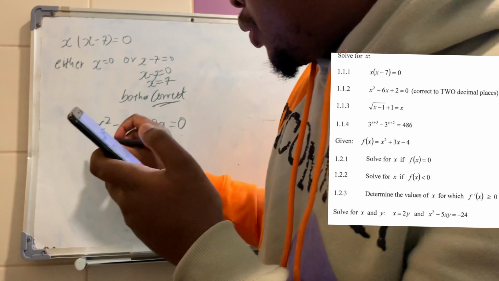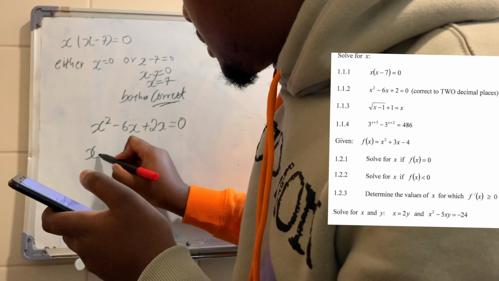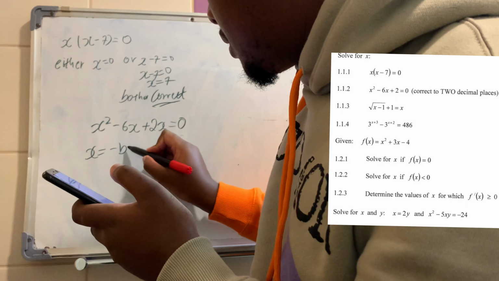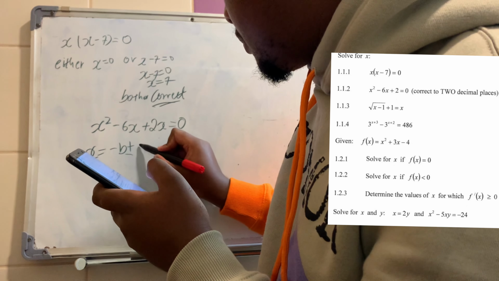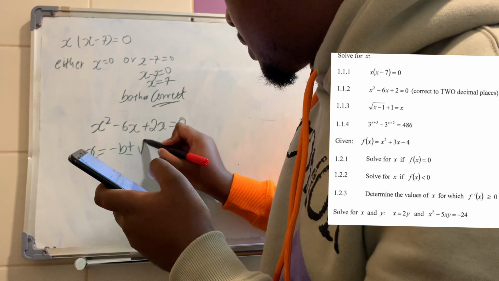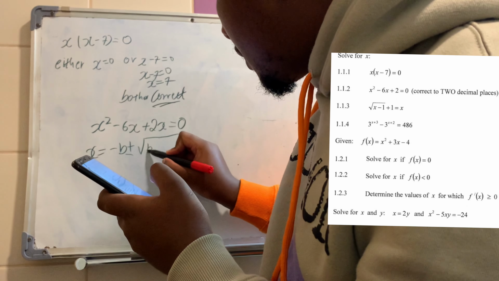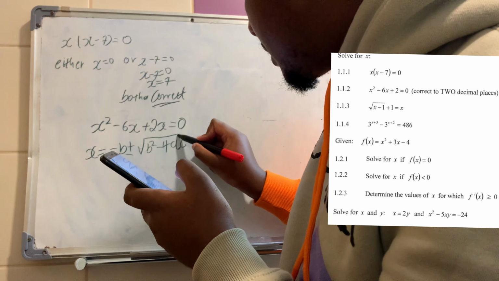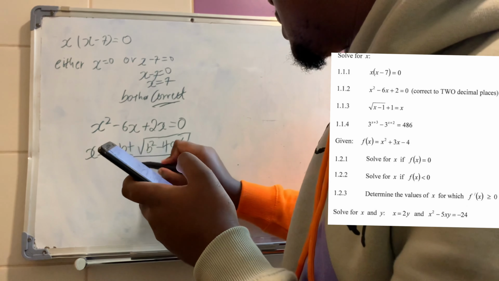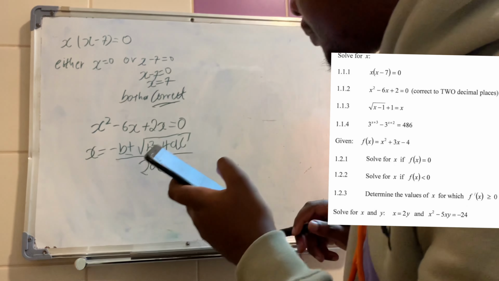We all know the quadratic formula: x is equal to minus b plus or minus the root of b squared minus 4ac, all over 2a.